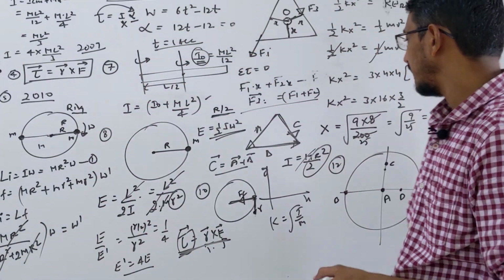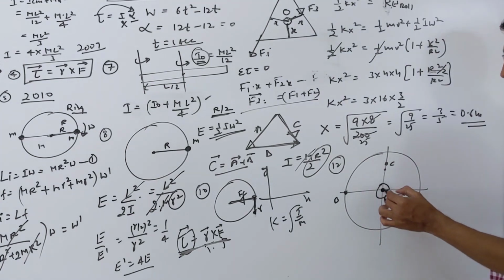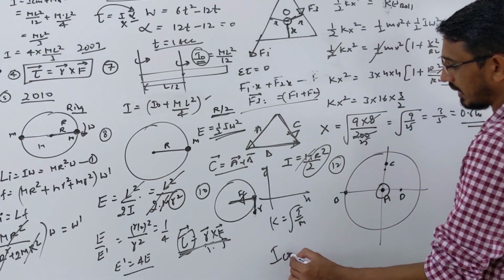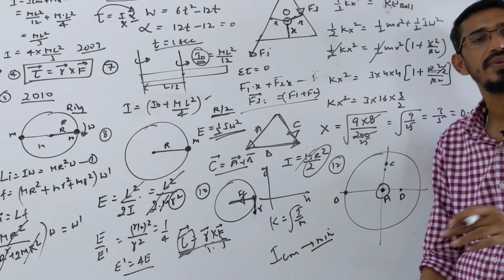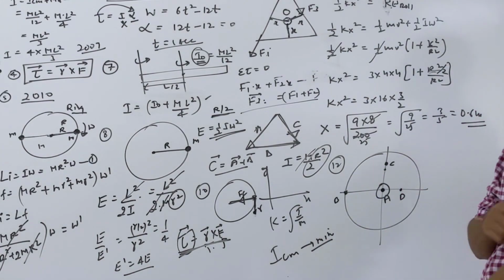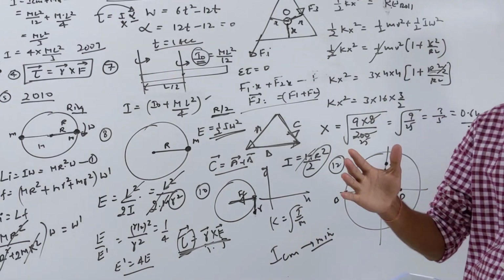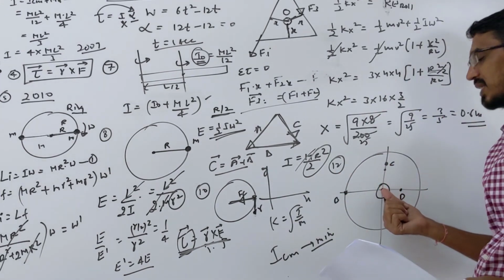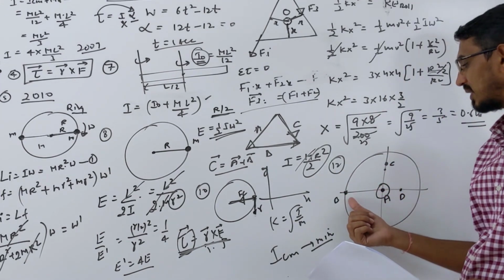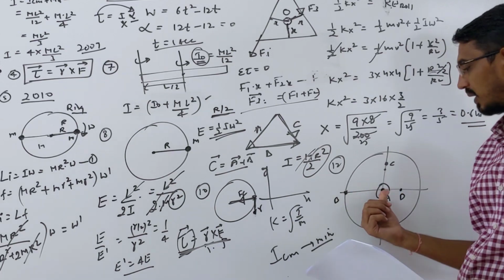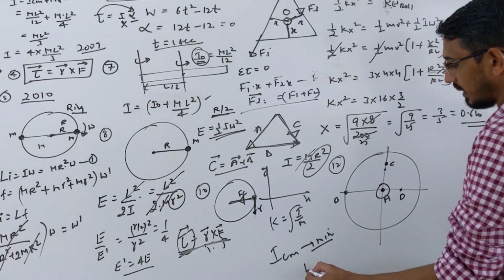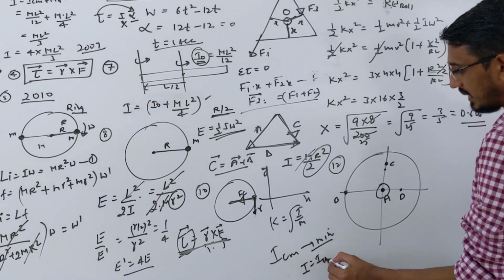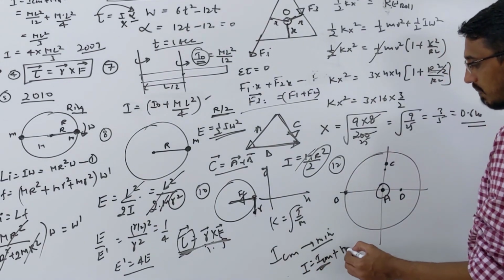So look, always remember that the moment of inertia about the center of mass is always minimum. When you move the axis of rotation away from the center of mass, the moment of inertia will increase, because our theorem says that inertia about any point is ICM, the moment of inertia about the center of mass, plus md square.